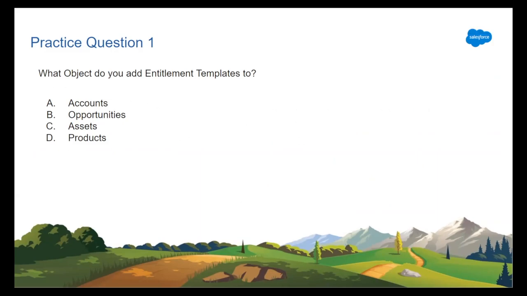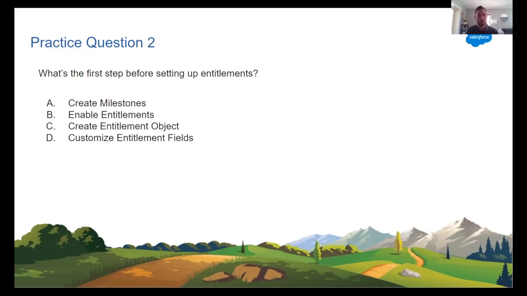D, products. Got it. Yep, D, products. Products get assets. Assets go to the account. How's that? And then question 2, what's the first step before setting up entitlements? You have to enable it. B, bravo. Nailed it. Good job.